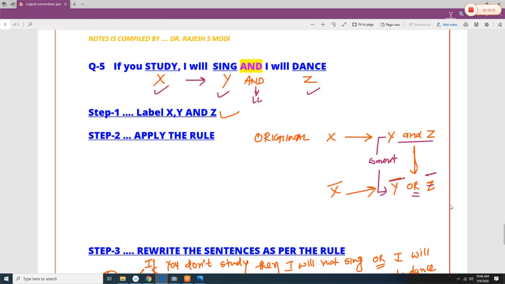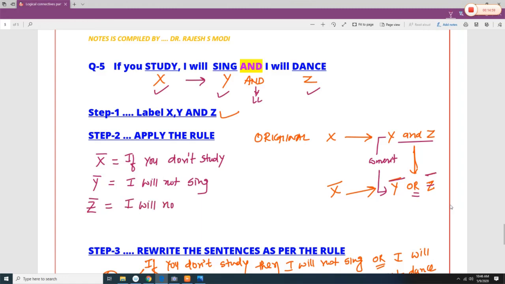So first of all, we write X bar, if you don't study. Then you write down Y bar, I will not sing. Then you put Z bar, I will not dance.